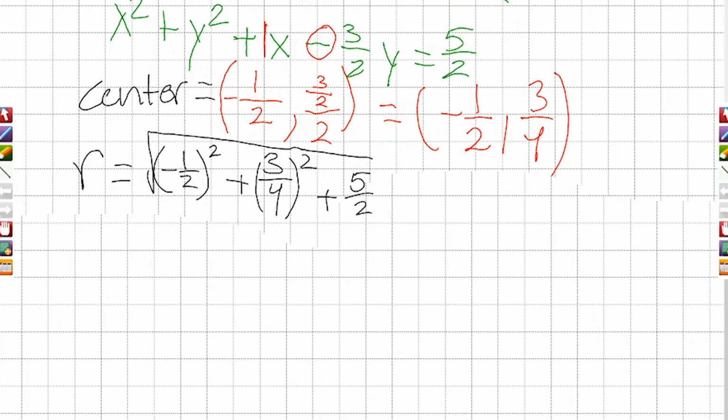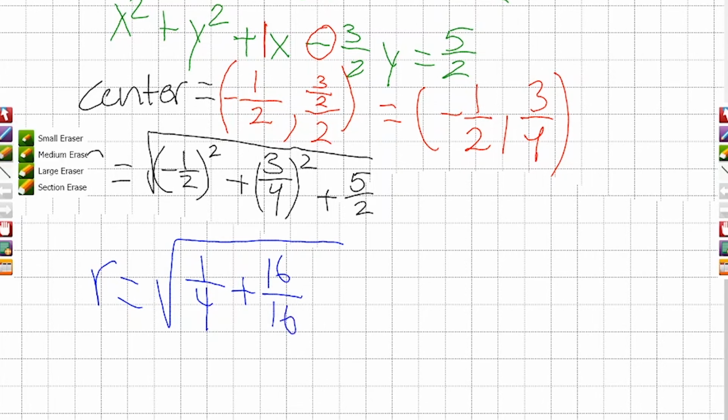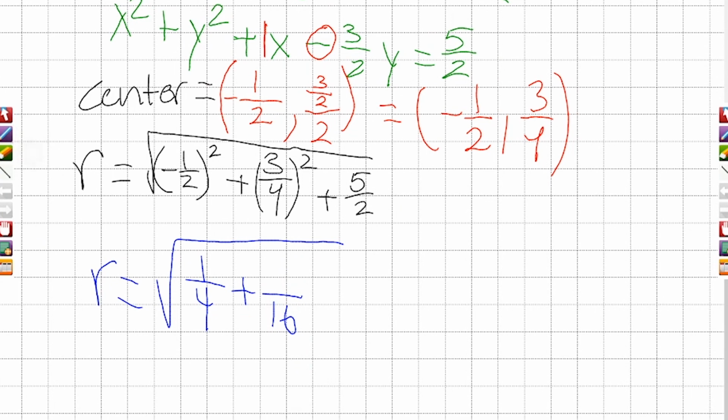Then R squared equals 1 over 4 plus 9 over 16, I'm sorry, 9 over 16. Fix me, Safe. Right. 9 over what? 16. Plus 5 over 2.